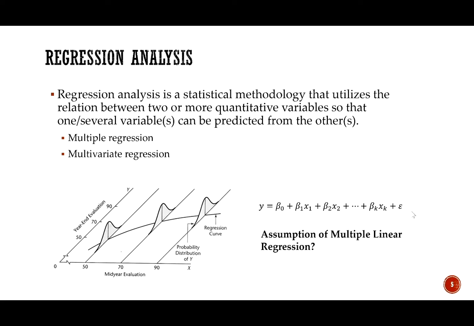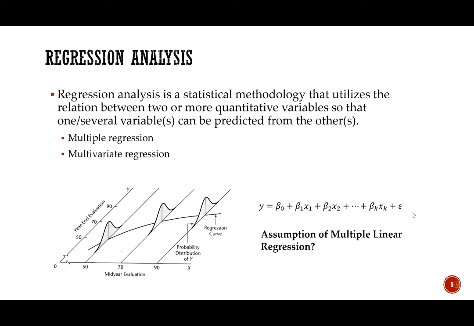The second assumption is that independent variables shouldn't be highly correlated with each other. That's why we look at the pairwise correlation in the pre-processing phase. One critical assumption is that independent variables are independent and are not highly correlated.